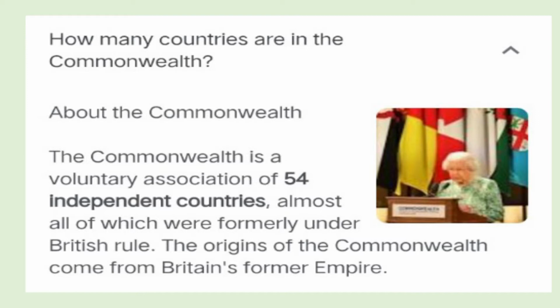How many countries are in the Commonwealth? The Commonwealth is a voluntary organization of 54 independent countries, almost all of which were formerly under British rule. The British captured them, colonized them once upon a time.